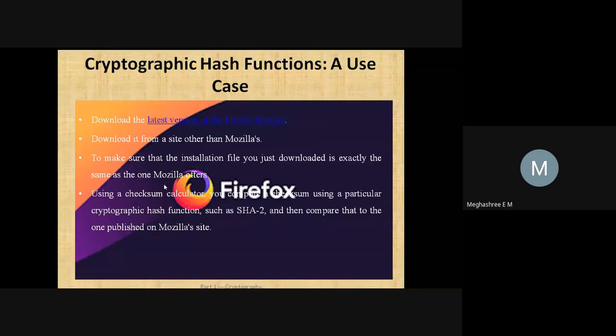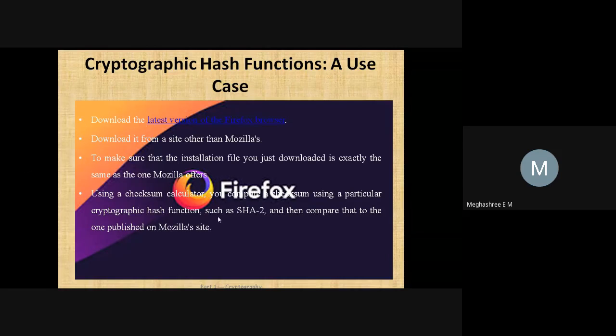To compare the file you have with the one on the Mozilla website, you use a cryptographic hash function. It may be any one; it's not that SHA-2 must be used. Any hash function can be used to perform the comparison between the files.